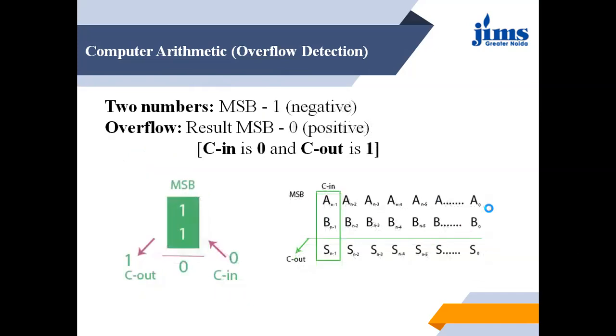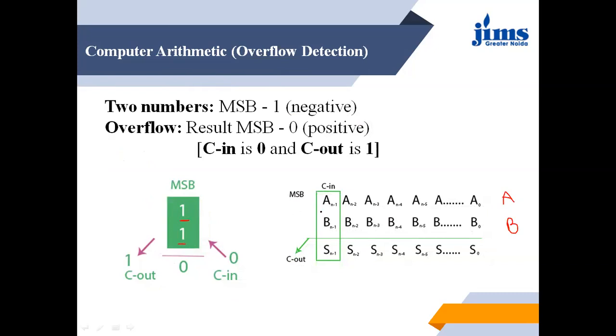The same applies when we have two negative numbers. This is the first number A, this is the second number B. As these two numbers are negative, it means in the MSB there will be 1 in both the numbers.